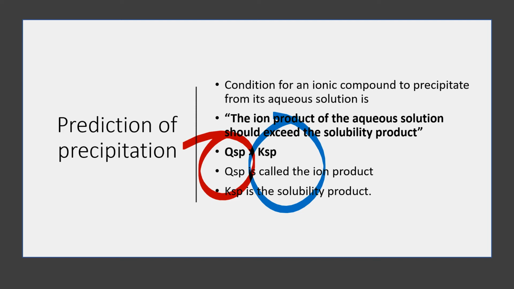This Ksp, for the sparingly soluble salt, is the value of the product of the concentrations for the given temperature, which is going to remain a constant. So what we normally do is we calculate the value of Qsp using the Ksp expression, and then we compare the numerical value that you obtained with the Ksp and make a prediction.